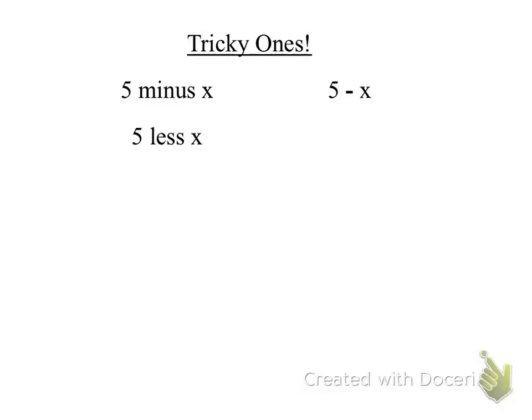Okay, because it says 5 and then it says less X. So you subtract X from 5 because it says less X. So it would be going downward.